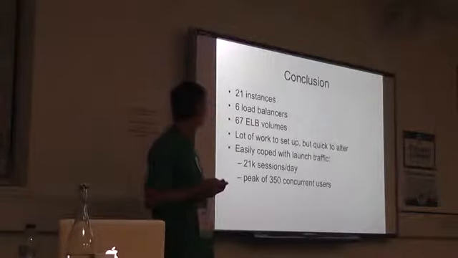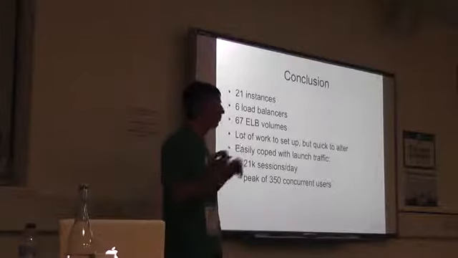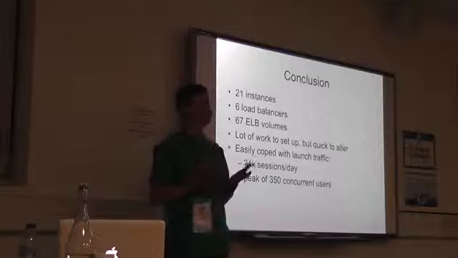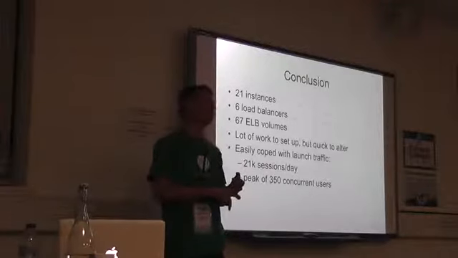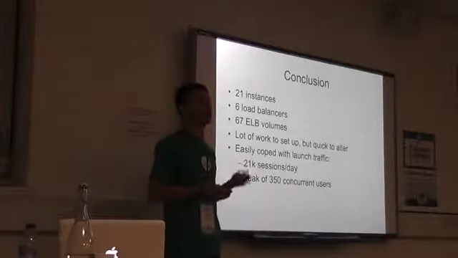So in conclusion, we ended up with a fairly complicated system: 21 EC2 instances, 6 different load balancers, 67 EBS volumes. It was a lot of work to set this up, but by using automation tools like Ansible, Fabric, Drush, and so on, it's very quick to alter this.